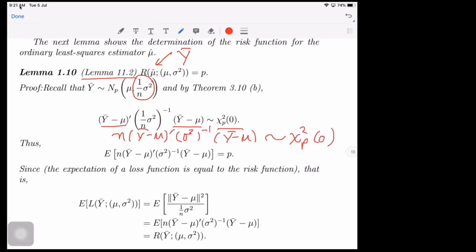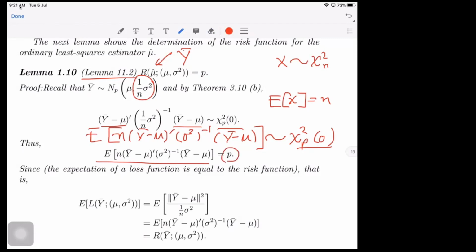And we know that for a chi-square distribution, if x is chi-square distributed with n degrees of freedom, then the expected value of x equals the degrees of freedom. So in this case, the expected value of this variable is equal to the degrees of freedom p.